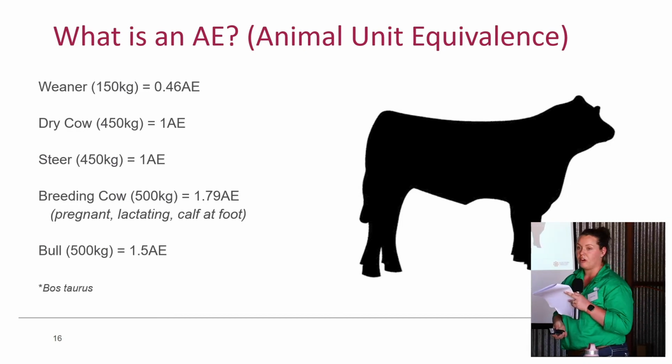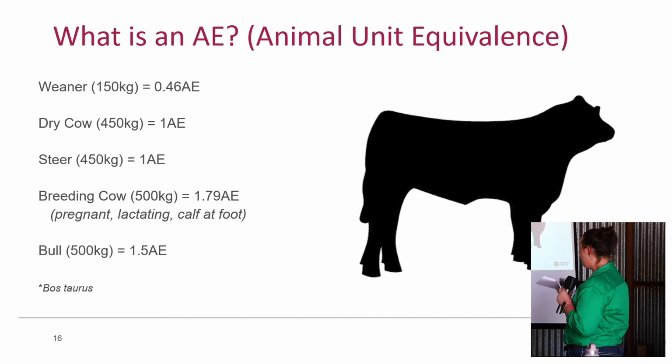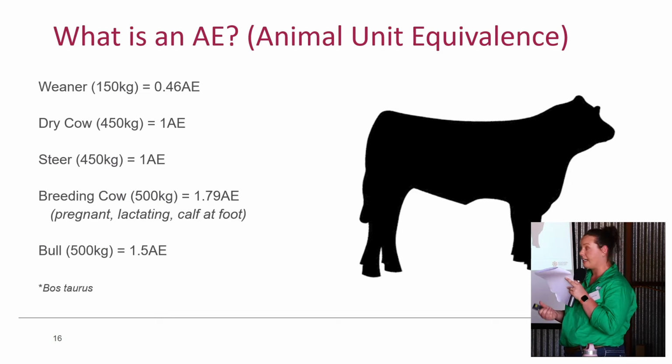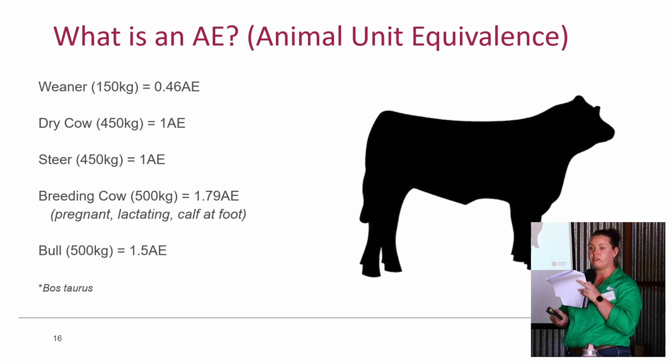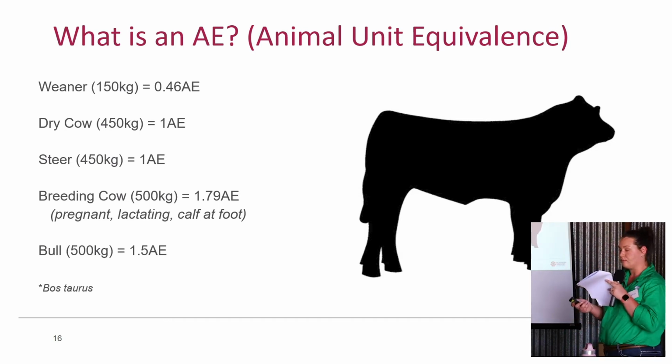So a weaner will obviously have a lower AE compared to this standard animal, which is a 450 kilogram steer. A breeding cow, which is pregnant, has lactated, and will have a calf at foot to weaning, the average AE is 1.79.